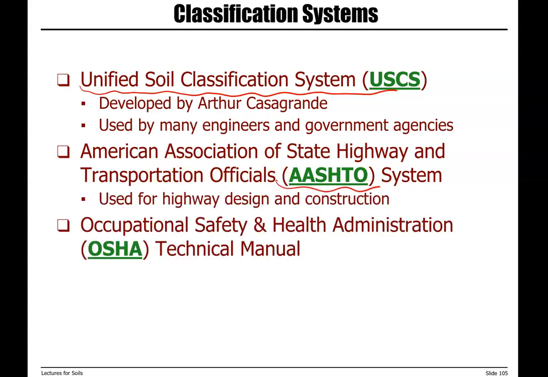And then we also have another one, provided by OSHA, the Occupational Safety and Health Administration. It's an appendix to the OSHA technical manual, and that's also another example of a soil classification system. So these are three different examples of soil classification systems.